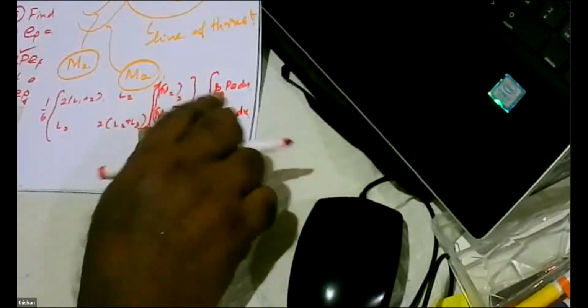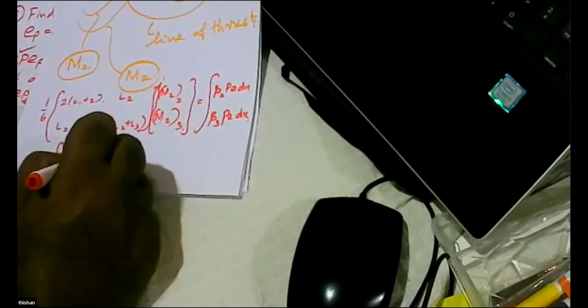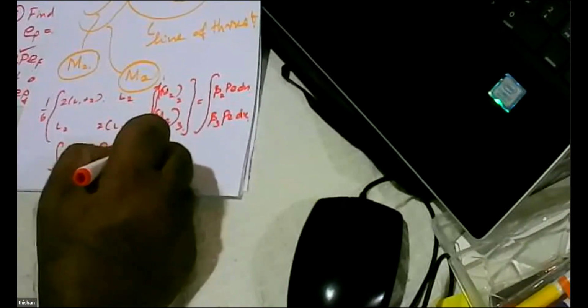So basically, to find the right hand side of the equation, we need integration beta 2 RP E dx.